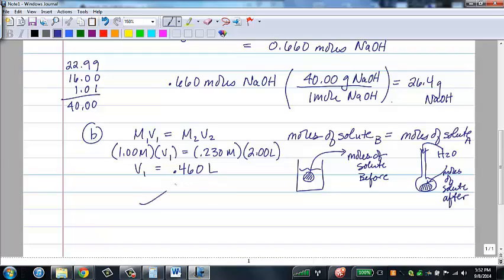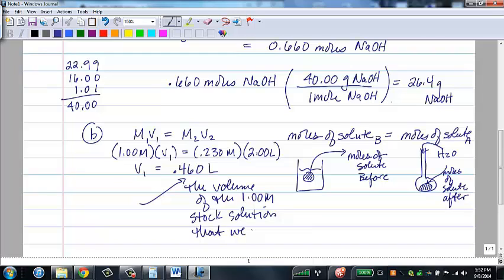So this is telling us the volume of the stock solution that we must remove and dilute to 2 liters.